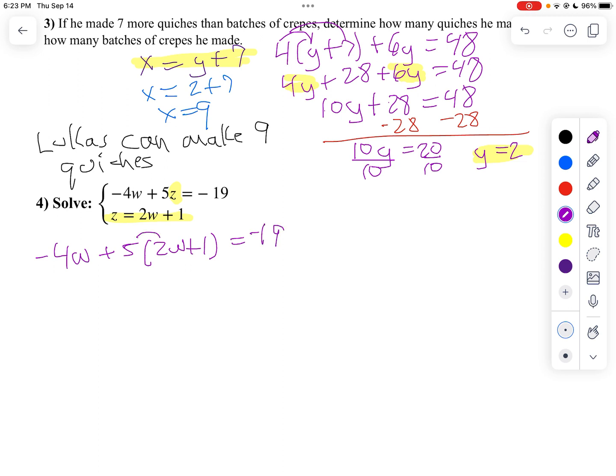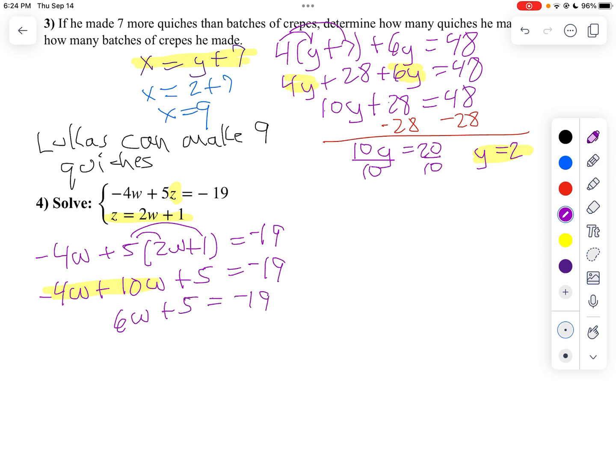Now we're going to go through our same process. Negative 4w plus 10w plus 5 equals negative 19. We'll combine our like terms again. Negative 4w plus 10w, well, that's 6w, plus 5 equals negative 19.